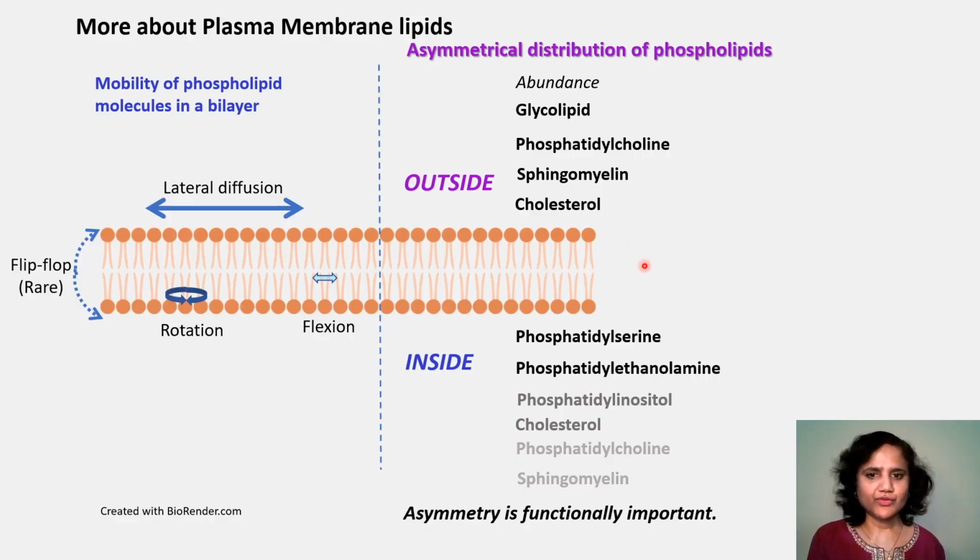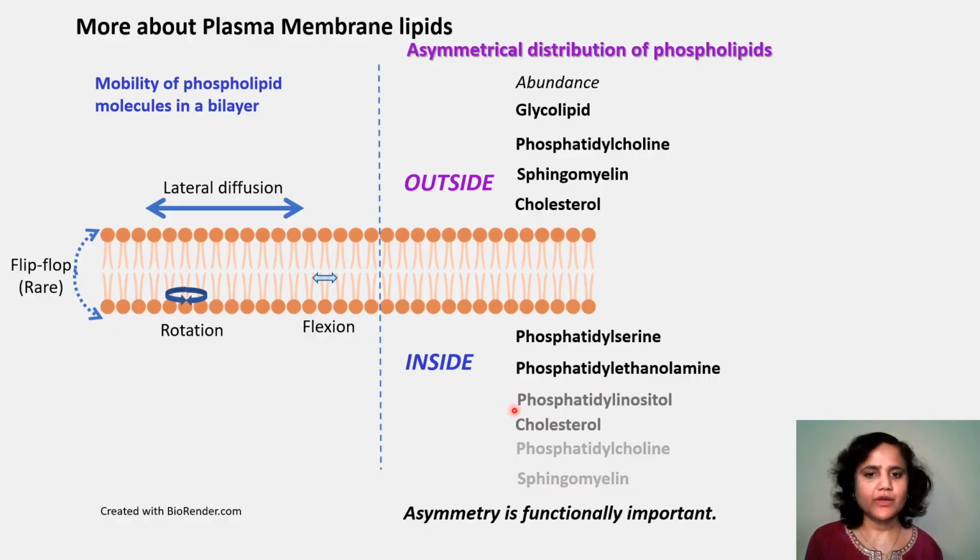Although the membrane shown here is symmetrical, in fact, there is some asymmetry in the plasma membrane. There is certainly asymmetrical distribution of phospholipids. For example, on the outer layer of this membrane, glycolipids, phosphatidylcholine, sphingomyelin, and cholesterol are more abundant. Whereas on the inner side, which is facing the cytosol, phosphatidylserine and phosphatidylethanolamine are more abundant.